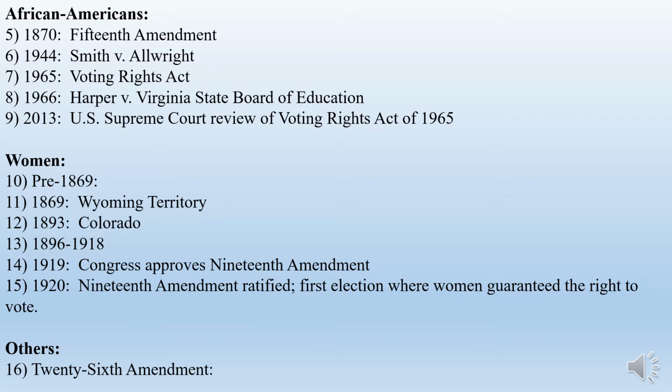So finally, in the later part of the 19-teens, Congress will approve a constitutional amendment. This will be the 19th Amendment to the U.S. Constitution. So it's approved in 1919, and by the summer of 1920, the 19th Amendment is ratified. So women will now be guaranteed the right to vote.